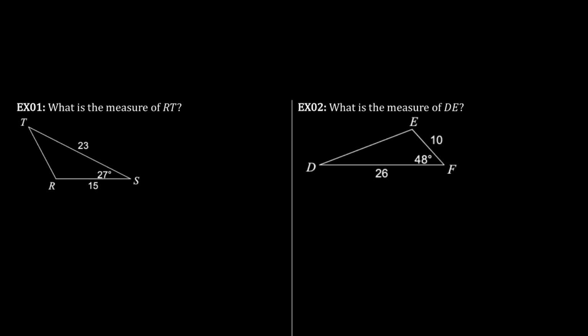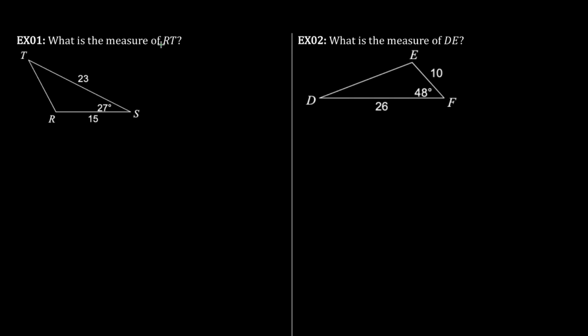We're going to use these now. So measure of RT. We don't know this one. It doesn't matter what we name these, but it's easier if you use the angle that you have.